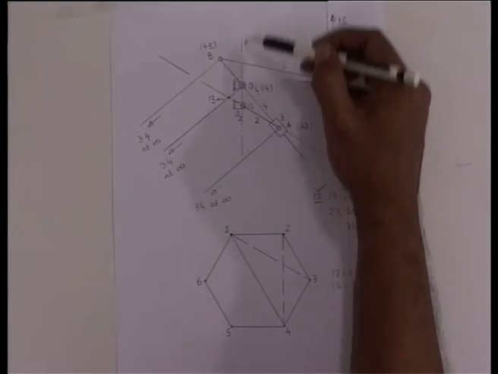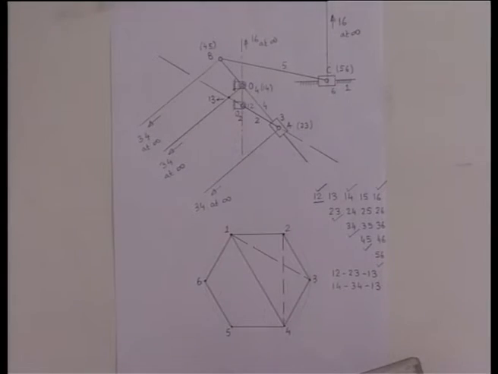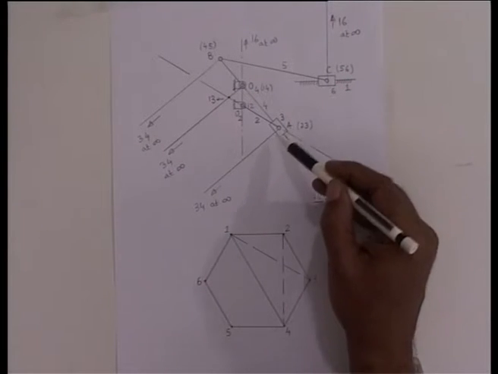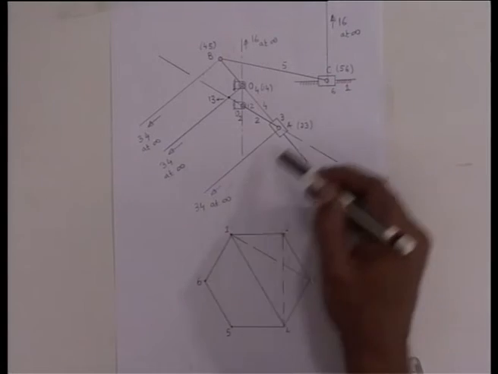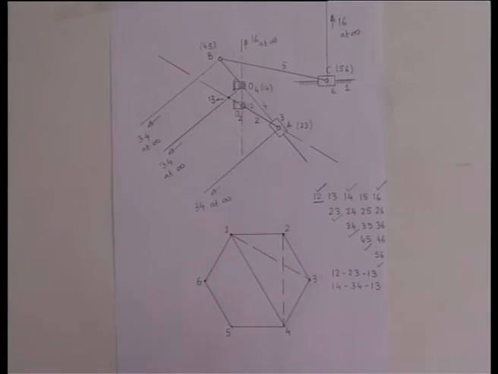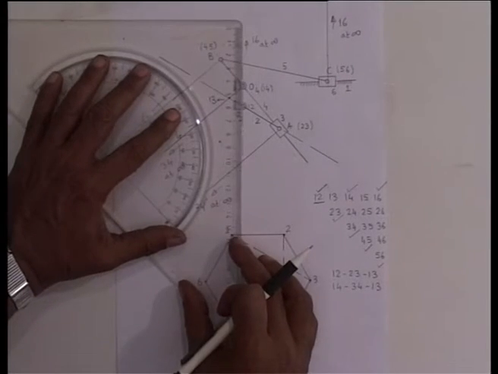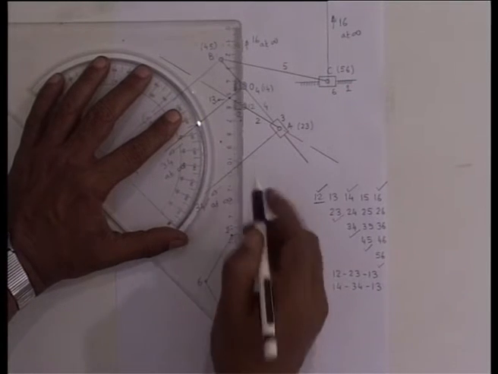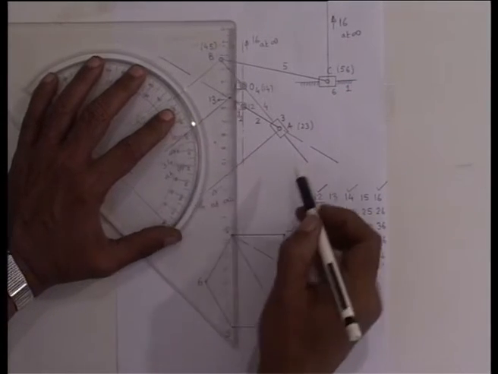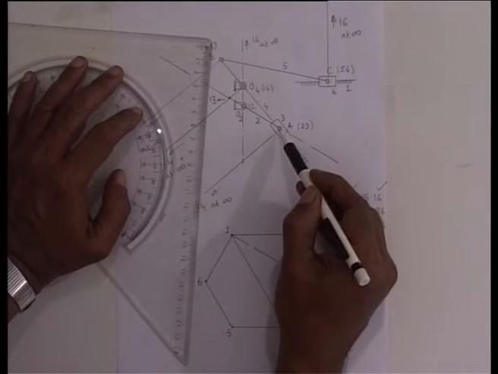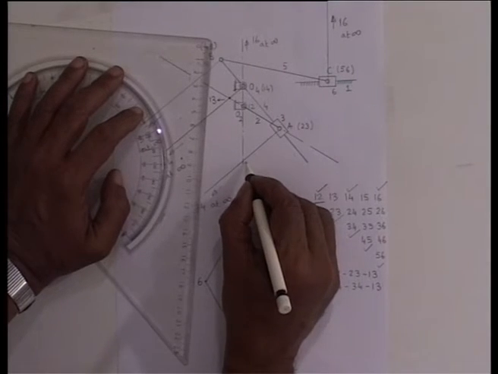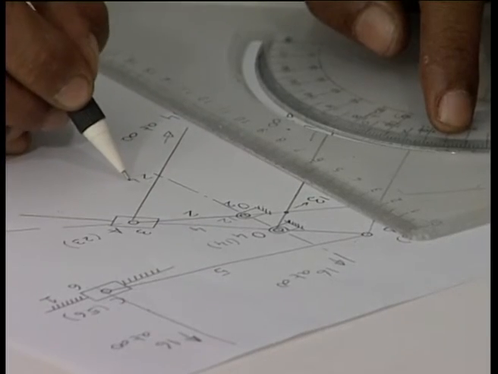So, 2 4 must lie on this line, and 2 3 is here, 3 4 is here. So, it must lie on that line. That means, the intersection of this vertical line which contains 1 2 and 1 4 and this line which contains 2 3 and 3 4 determines the relative instantaneous center 2 4.